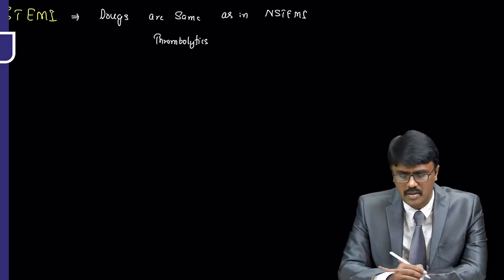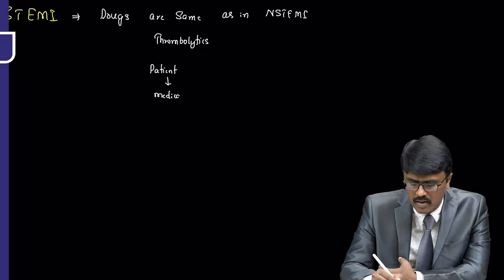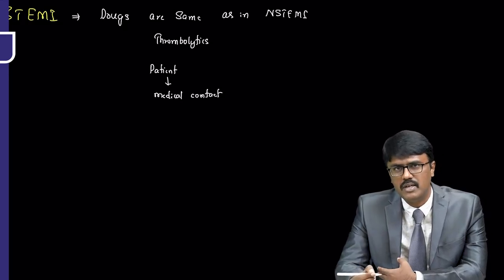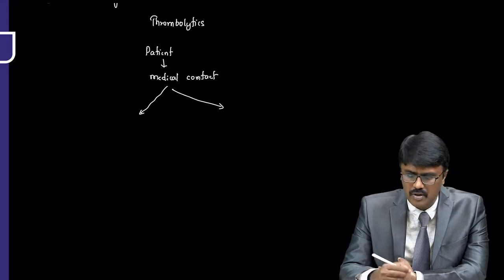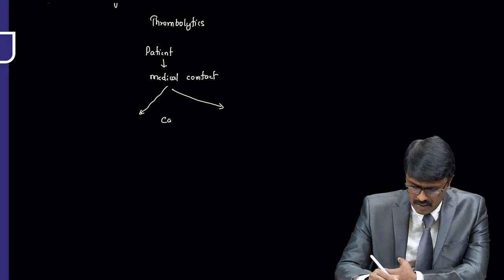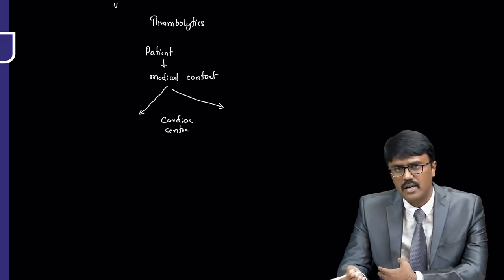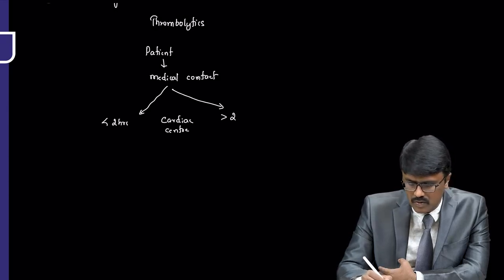Now it depends. Suppose a patient has chest pain. He comes to the medical contact, to a hospital that doesn't have a facility for percutaneous coronary intervention, and he has to be referred to a cardiac center. You have to decide whether the patient can reach there within 2 hours or more than 2 hours.